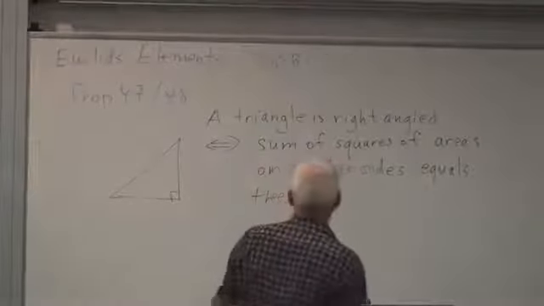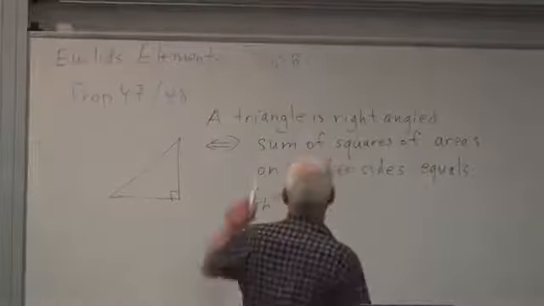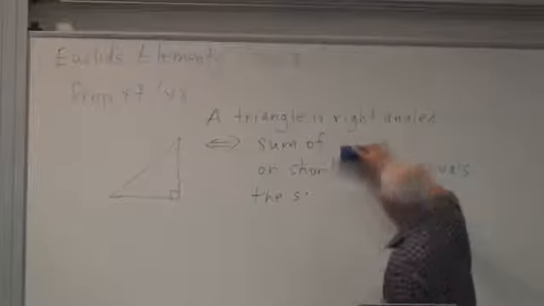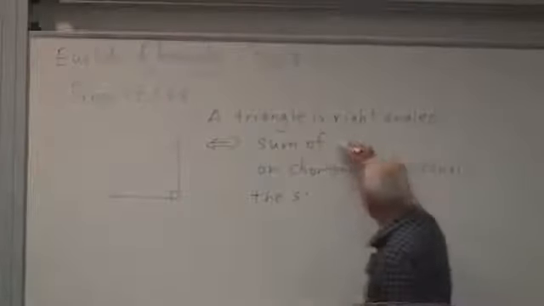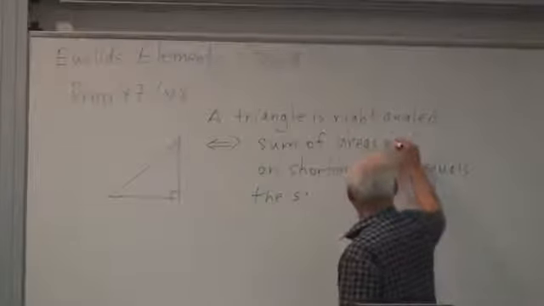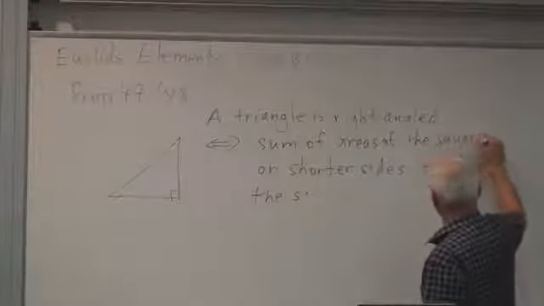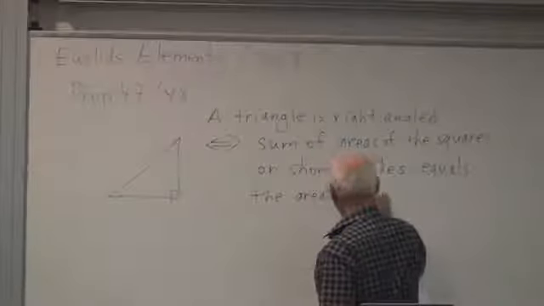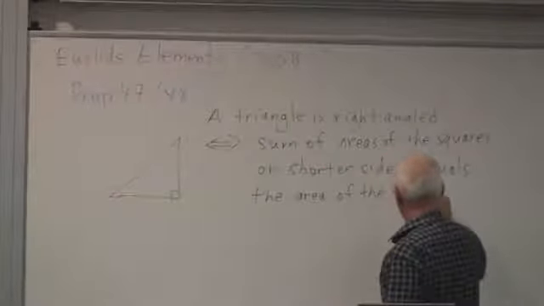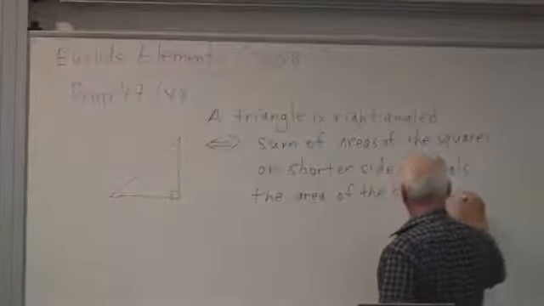I should say a triangle is right-angled precisely when the sum of the areas of the squares on the shorter sides equals the area of the square on the longer side, called the hypotenuse.